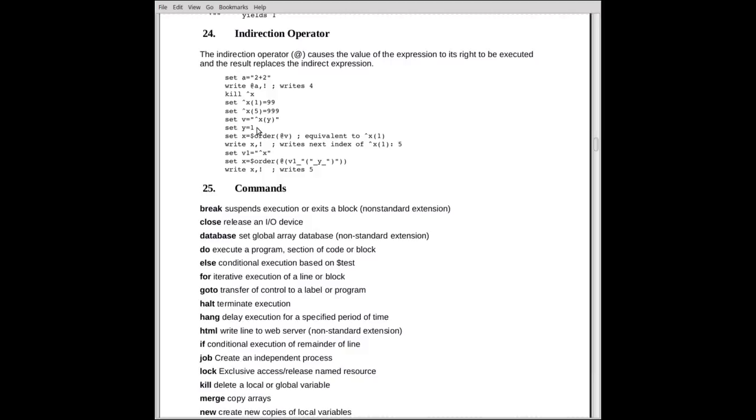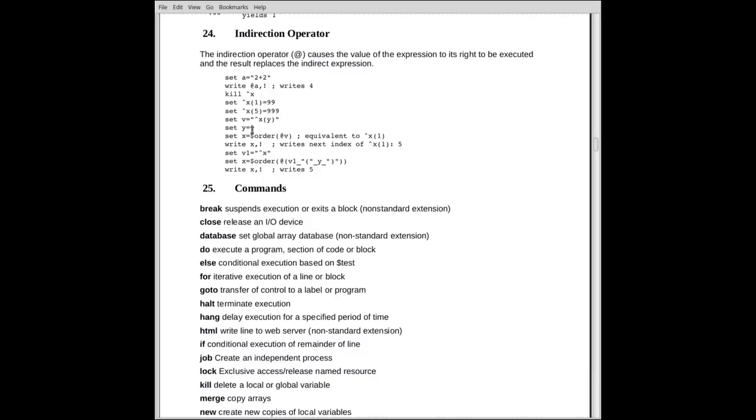If I set the variable Y equal to 1, and I say X is equal to $order at V, well, the at V will evaluate. It'll take the value of V, which is up arrow X sub Y.